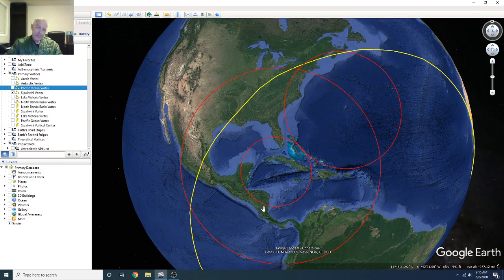And if that's the case, then something's not adding up. Because if this ridge here was created by this impactor here on Chicxulub, then that means Chicxulub could not have been related to this guy at all.